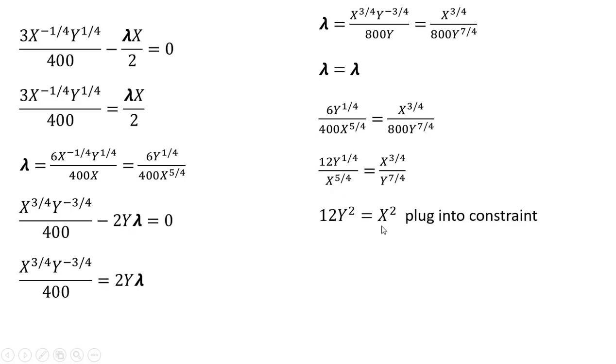I'm going to take this now and plug it into the constraint. So here's our constraint, or the PPF, where I have x squared. I'm going to plug in 12y squared. So x squared, what is x squared? 12y squared. And now we're going to solve for y.